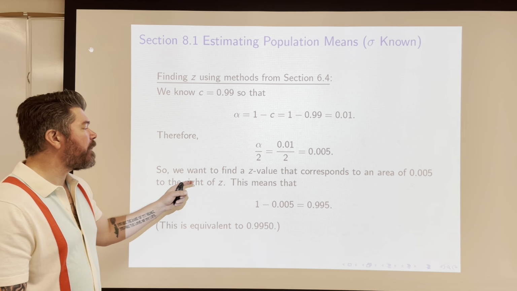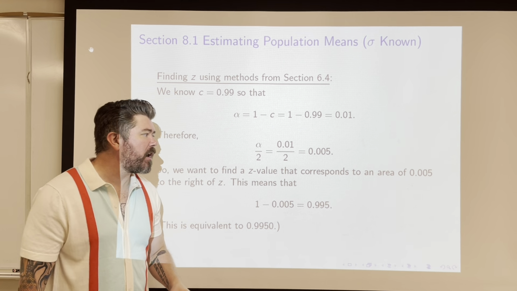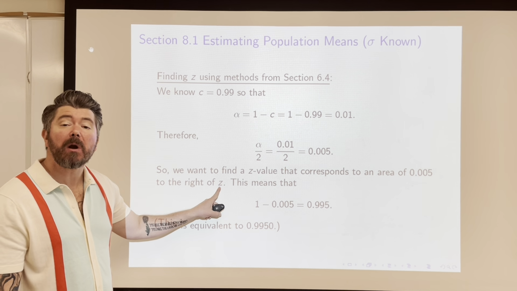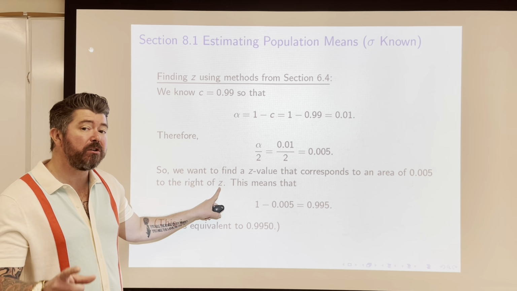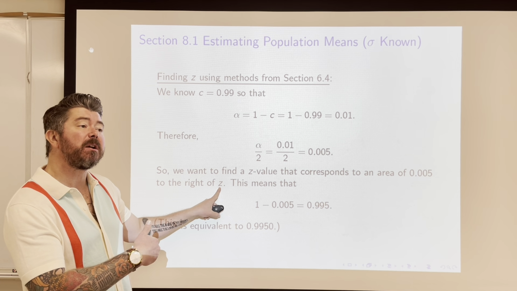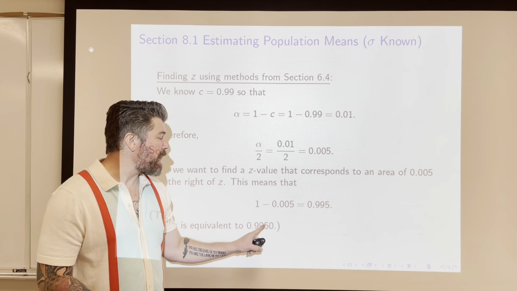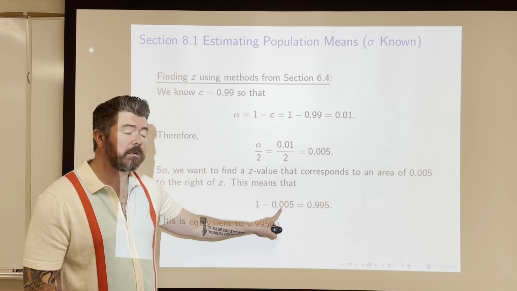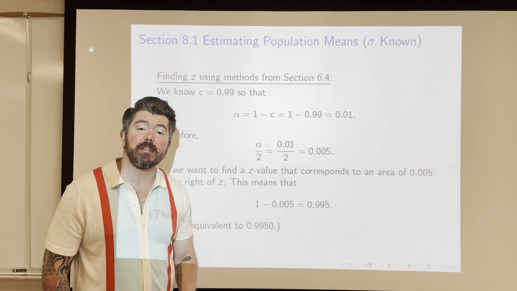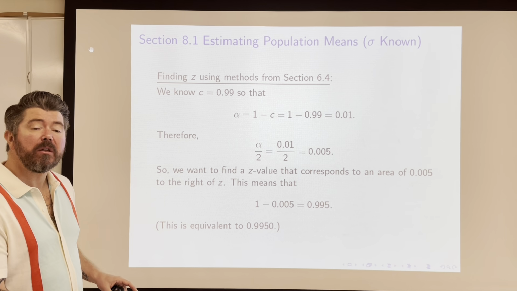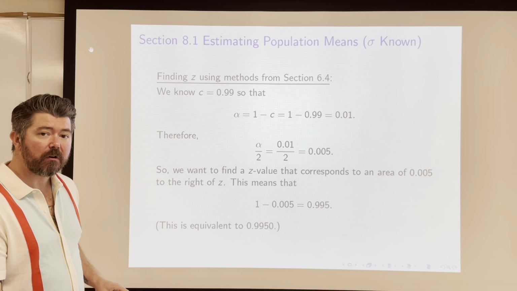So we want to find a z-value that corresponds to an area of 0.005 to the right of z. Remember, we're using the positive, so we're always talking about area to the right, okay? This means that 1 minus 0.005, which gives us 0.995, is to the left, right?